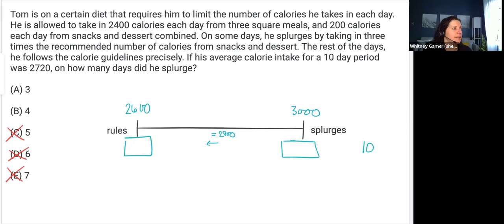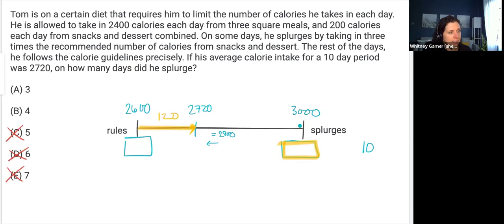However, let's go ahead and enter in the actual number. So the actual caloric intake was 2,720. So I'm just going to stick it over here to the left a little bit. The distance on this side that's pulling here is 120.